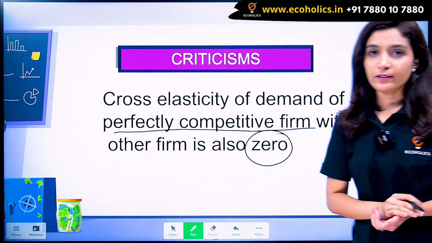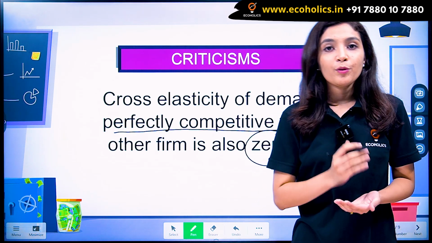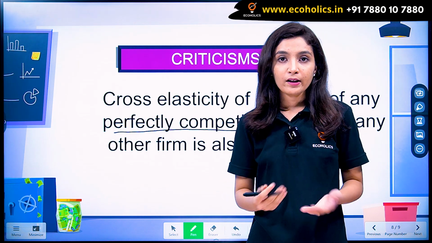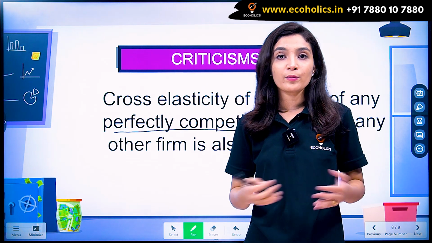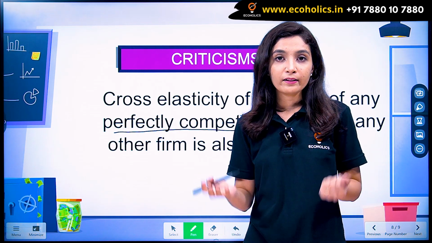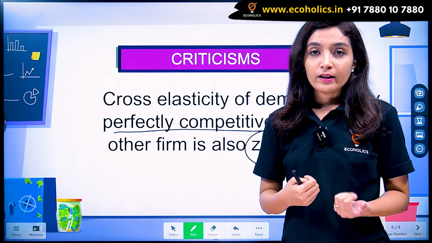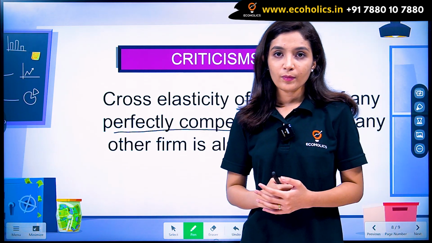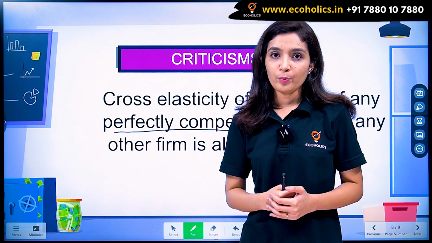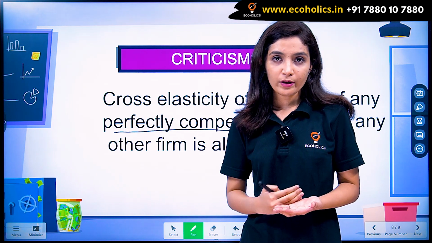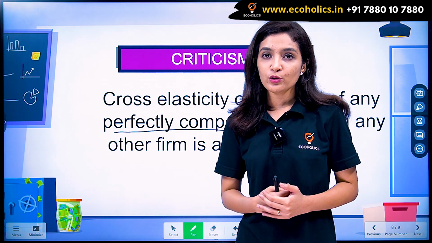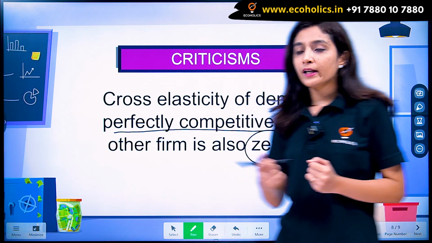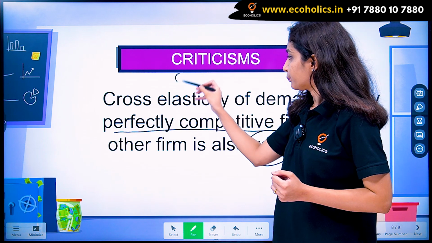Now, why is it so? Let's say if a perfectly competitive firm lowers the price of his product, then he is obviously going to attract the customers of all the rival firms. But to do so, he needs to expand his output.